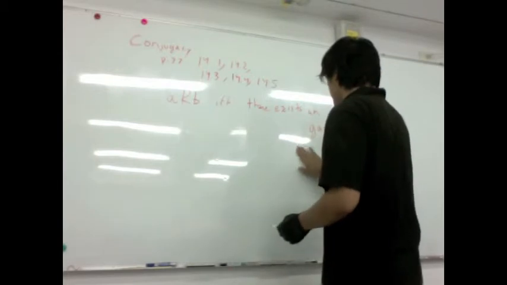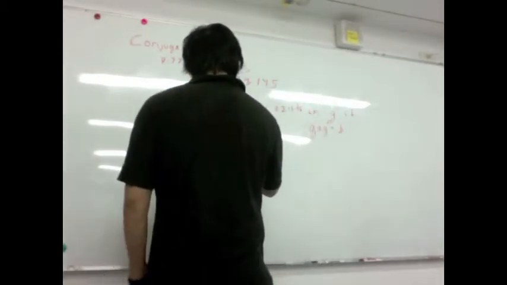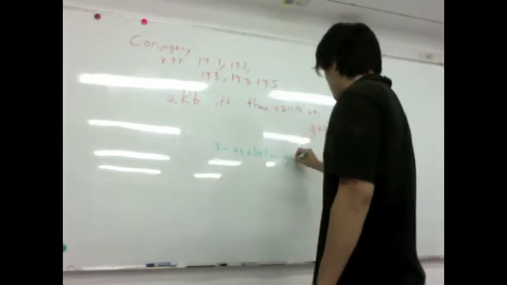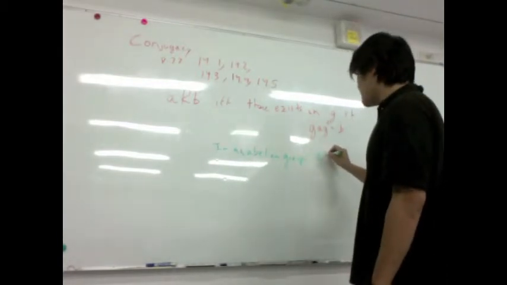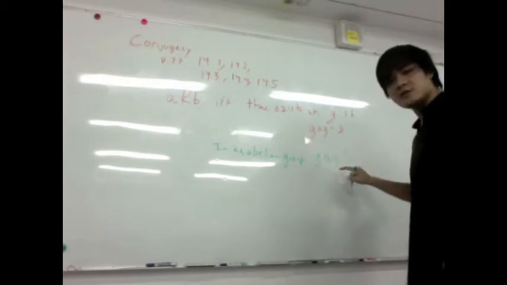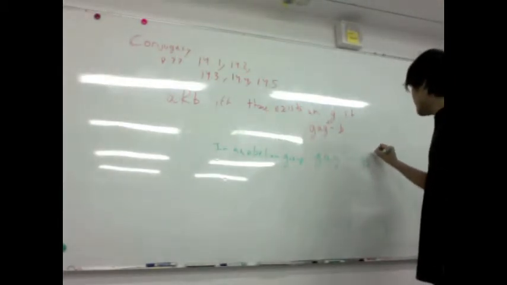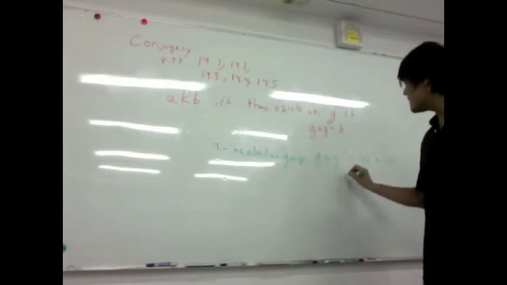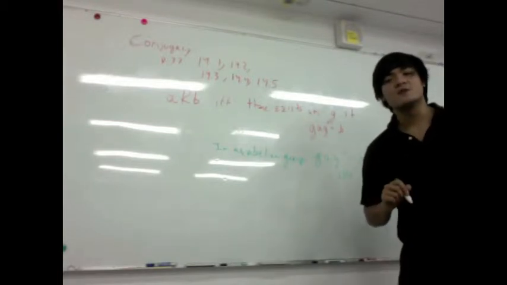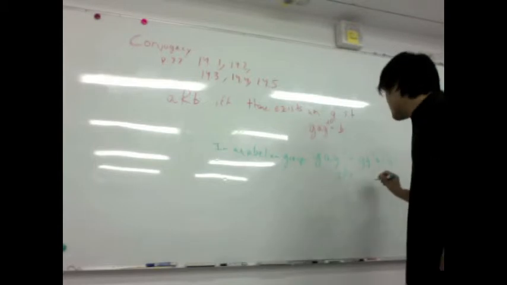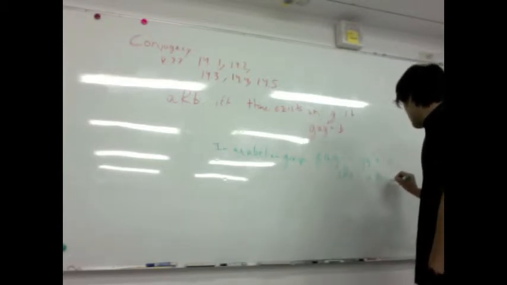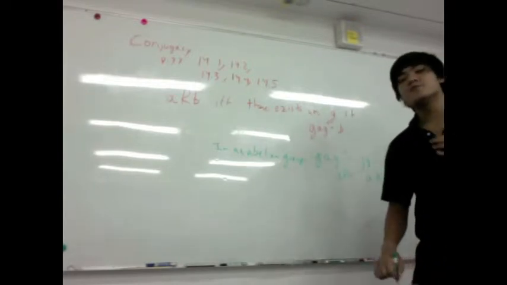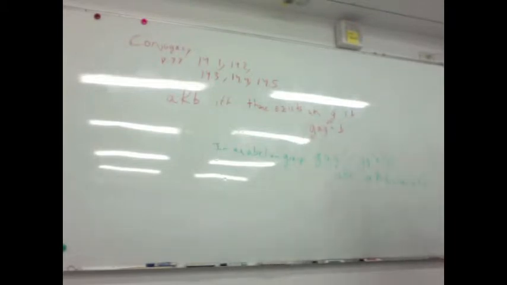So in an abelian group, G A G inverse equals, because it commutes, G G inverse A, which equals A. That means you only have A related to A. You cannot have A related to B when A does not equal B. So every element is its own conjugacy class.